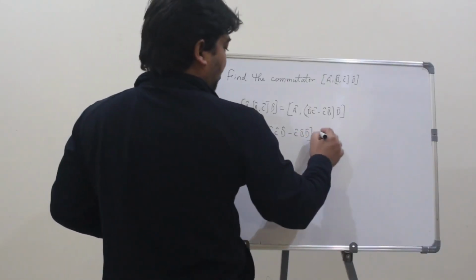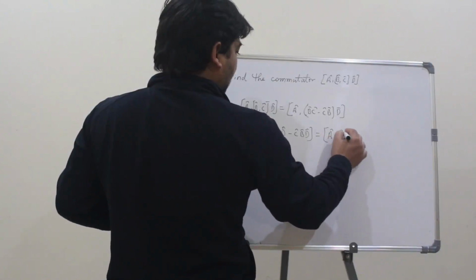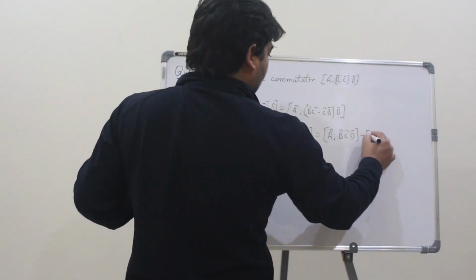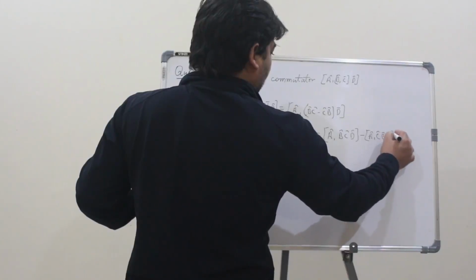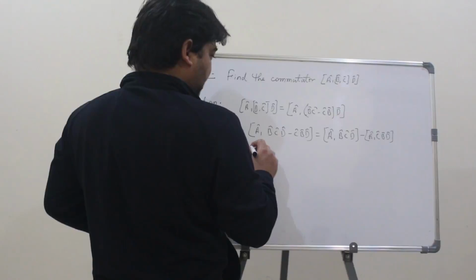right? Now you have two commutators, and one is this one and another is this one, right? Now you can simplify it.